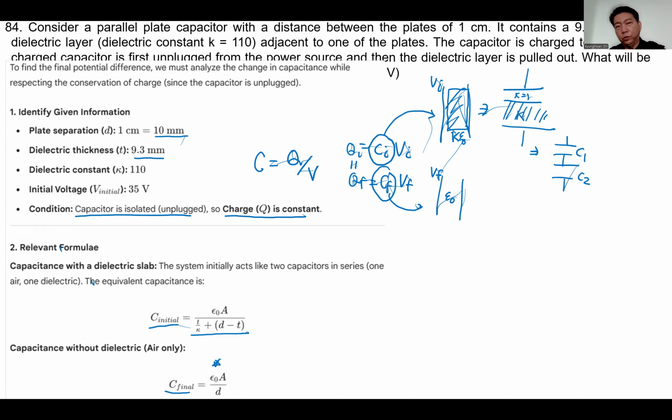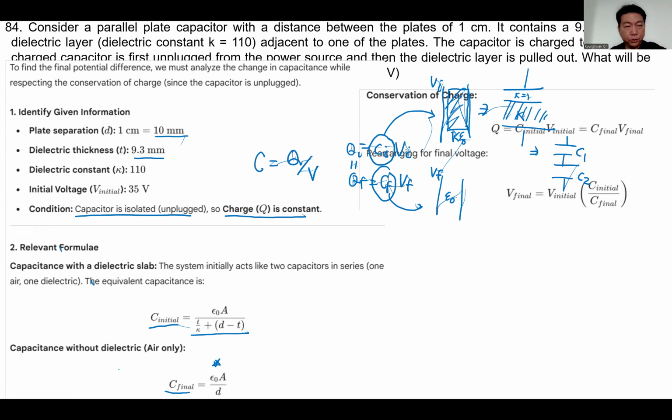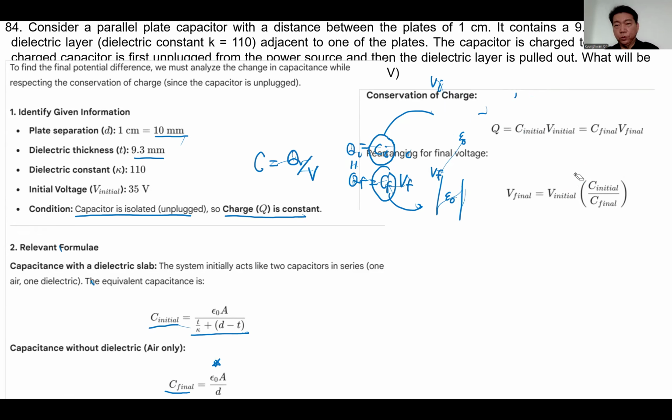Okay? And we need to apply charge conservation. The initial charge should be the same as the final charge, so that we get this equation here.